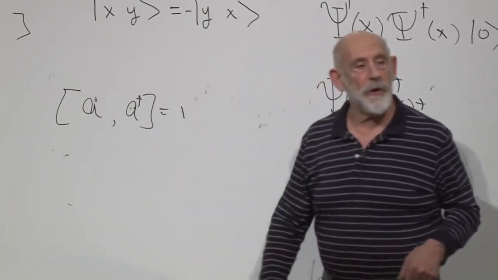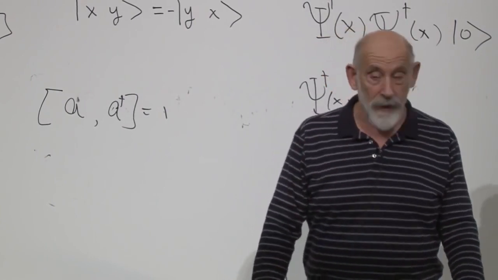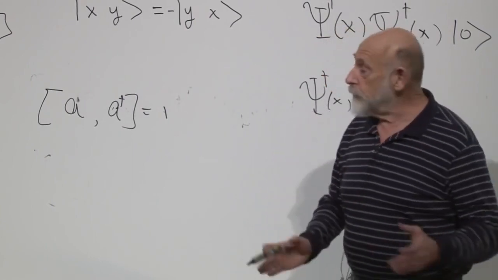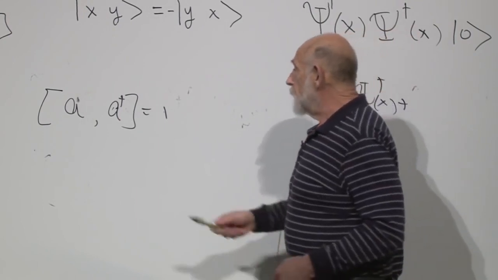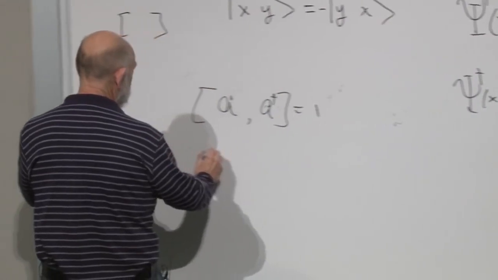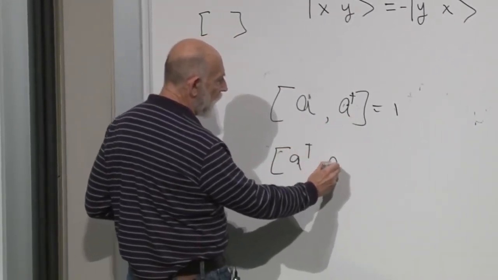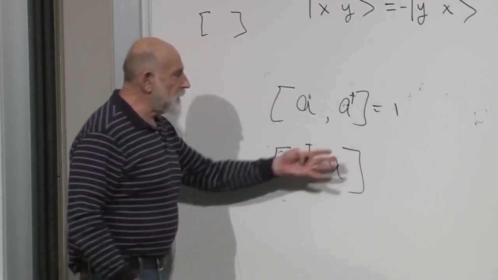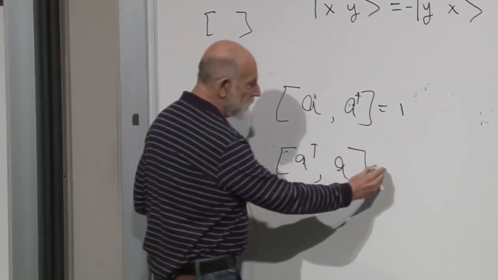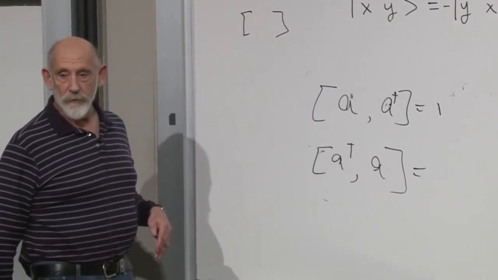Could you mistake which one is the creation operator and which one is the annihilation operator? Well, if you try to switch them, if you try to replace A by A dagger, and A dagger by A, this is very definitely not equal to 1. In fact, what is it equal to? Minus 1, right?